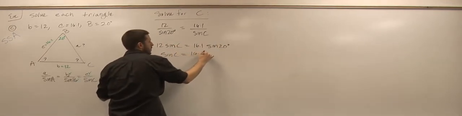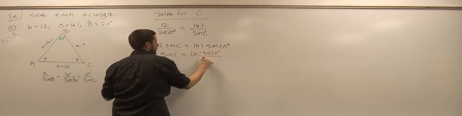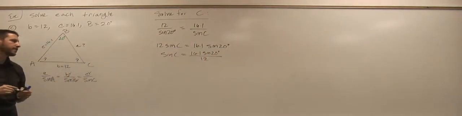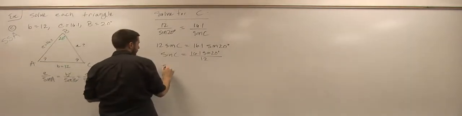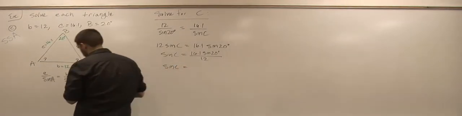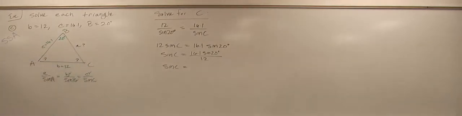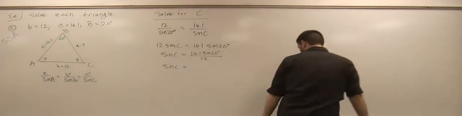Sine C equals 16.1 sine 20 over 12. 0.4589. Checking.